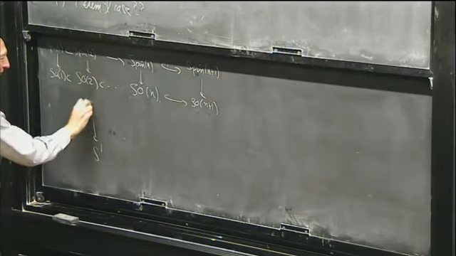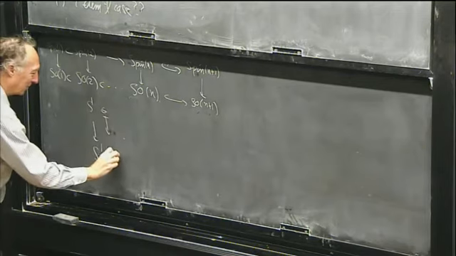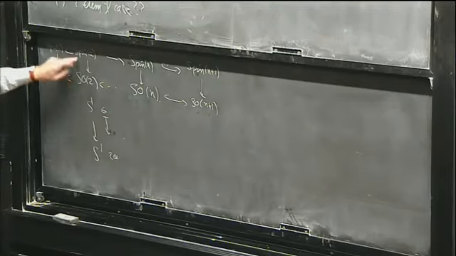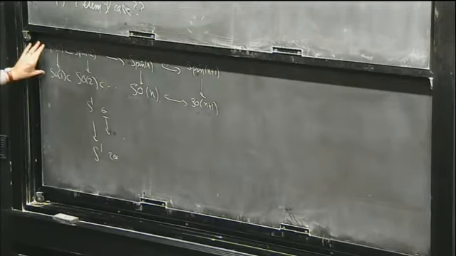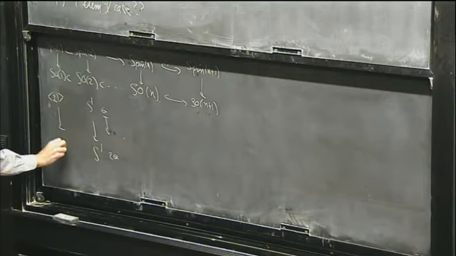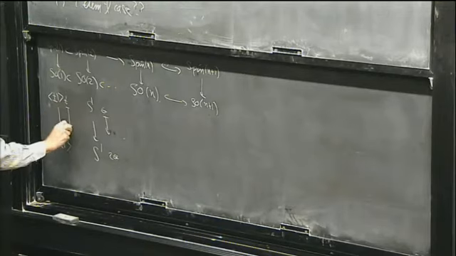Spin(2) is also the circle, but the map is theta goes to 2 theta, or z goes to z squared. So this one's a little different in that its fundamental group is Z instead of Z2. Spin(1) is the group of order 2, and SO(1) is the trivial group, and again this is t goes to t squared, the real square.